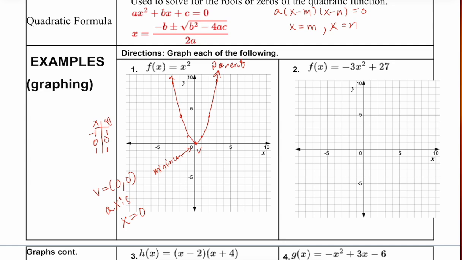Okay. Now, here's the problem with one like number 2. Number 2, we have some issues. We have a negative out front. We should expect that it should be pointing downward. So this negative, that a value is -3, and it's pointing downward.